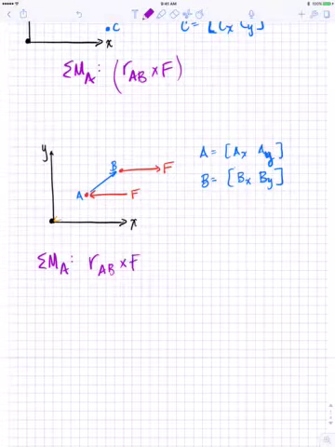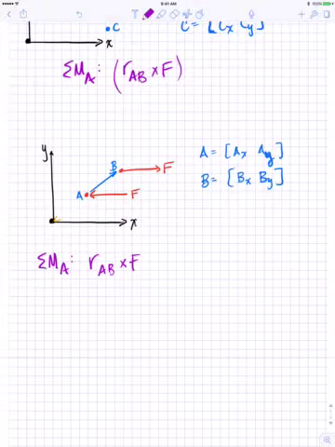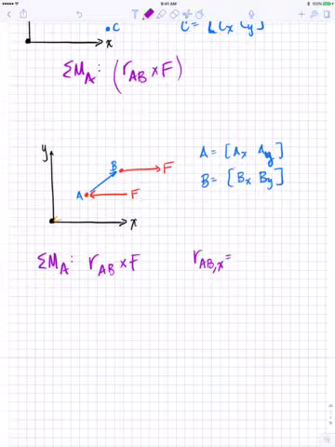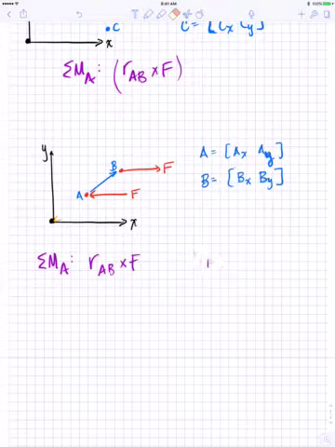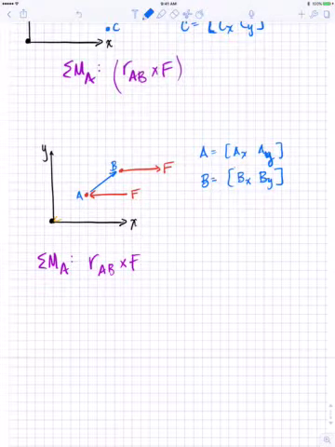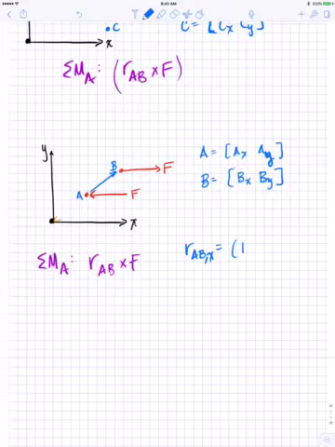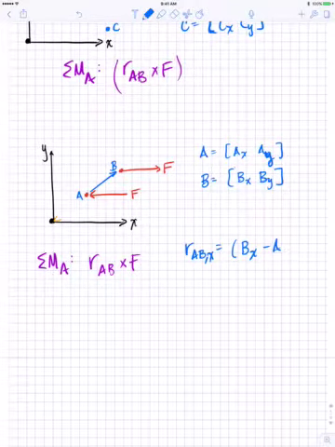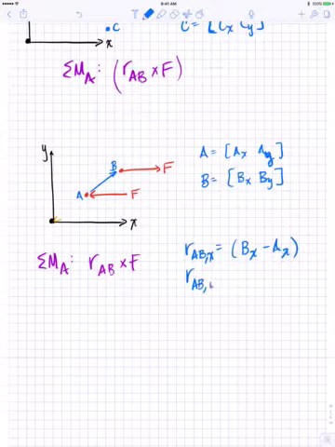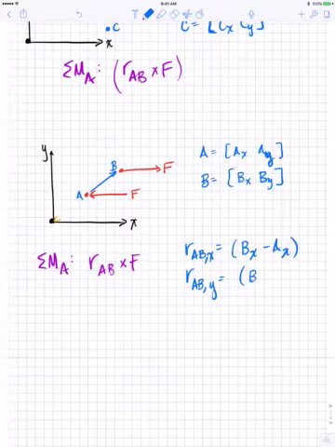But now notice that RAB has two components. It has an X component, RABX, which is equal to the X component of B minus the X component of A. And RABY is equal to BY minus AY.